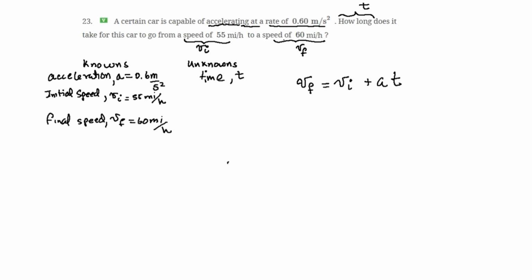But in what units are my velocities, my speeds, given? In miles per hour. I cannot operate with miles per hour and meters per second squared together. So I have to convert the miles per hour into meters per second.